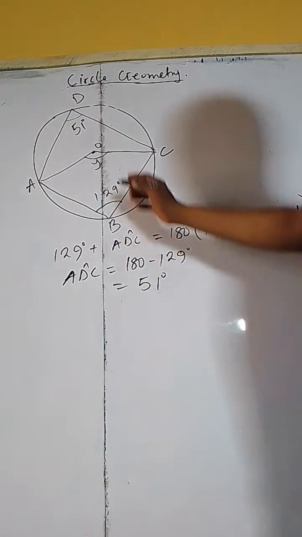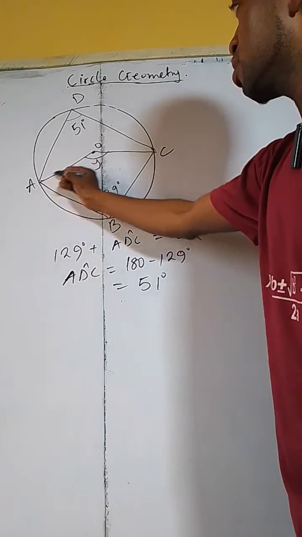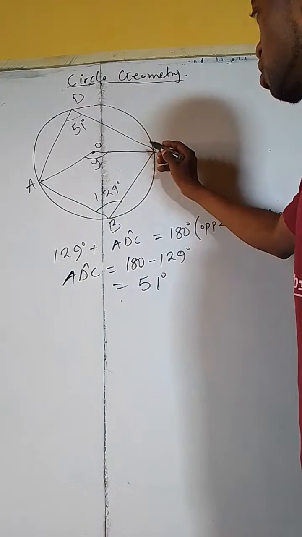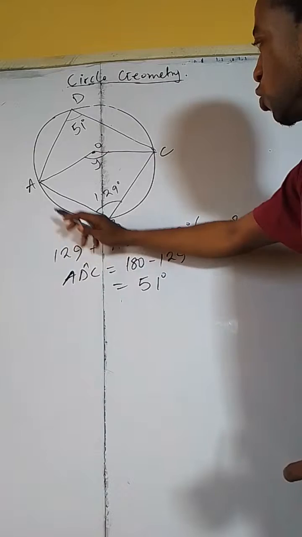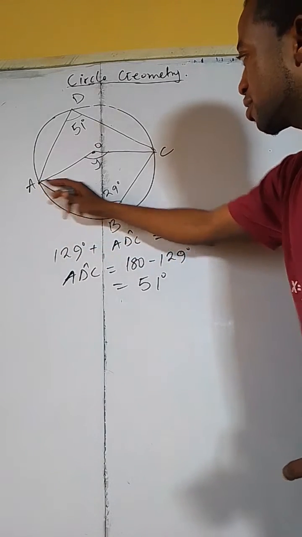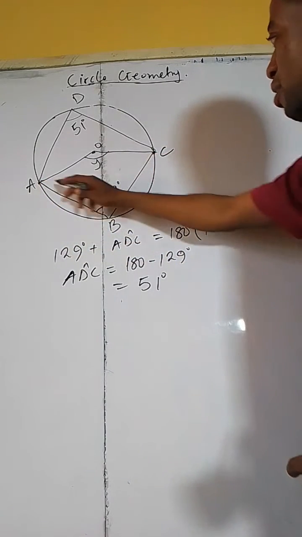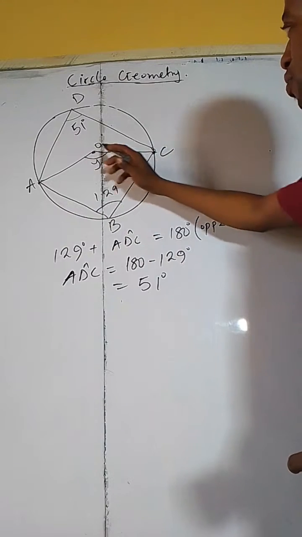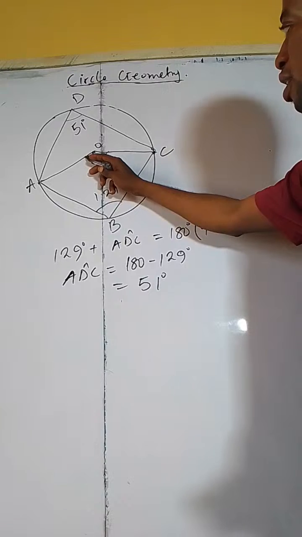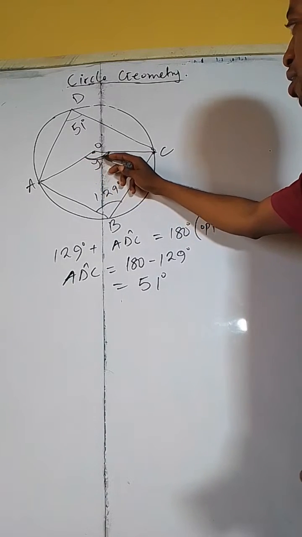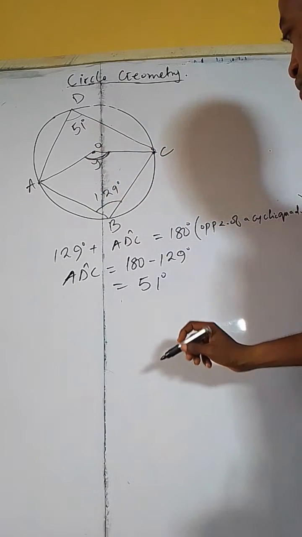Then to get y, look at this shape. This angle forms an angle at the center here. When we consider this arc AC, this arc AC subtends an angle at the center and also subtends an angle at the circumference. So that means the angle at the center will be twice the angle at the circumference.